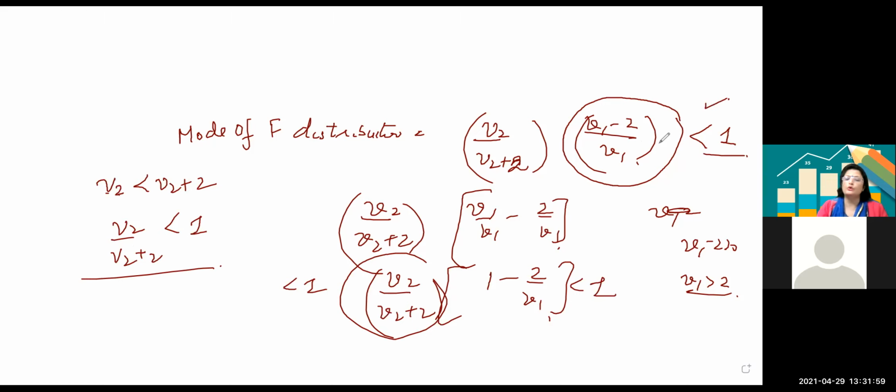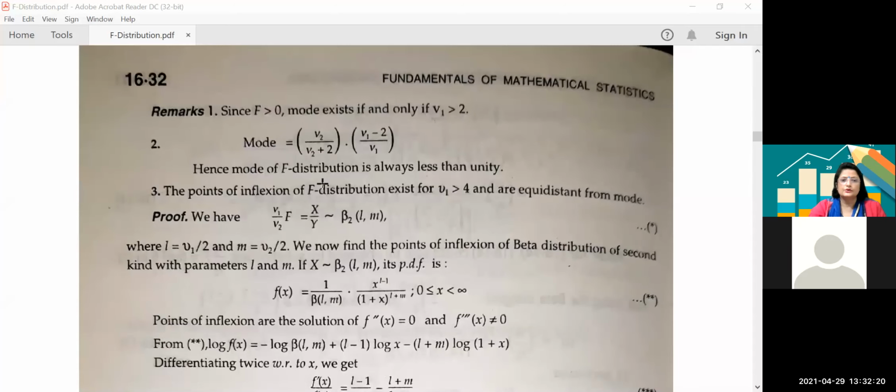So therefore the mode of the F distribution is less than 1, right? ठीक है जी, आई बात समझ में? क्लियर? So hence the mode of the F distribution is always less than 1.